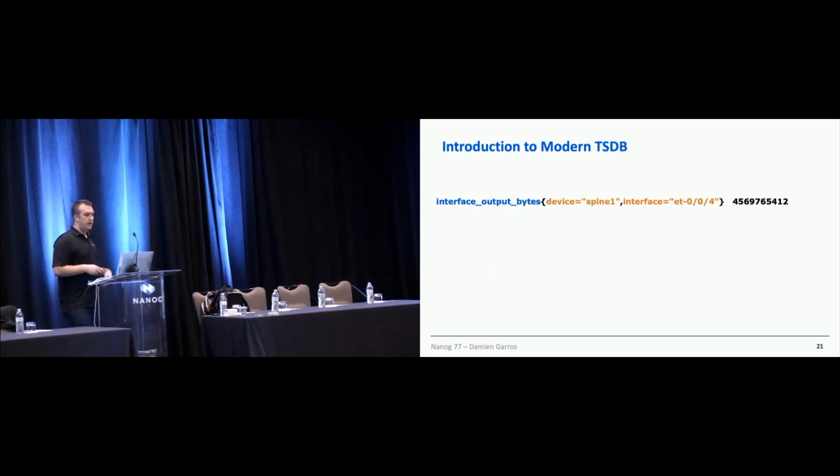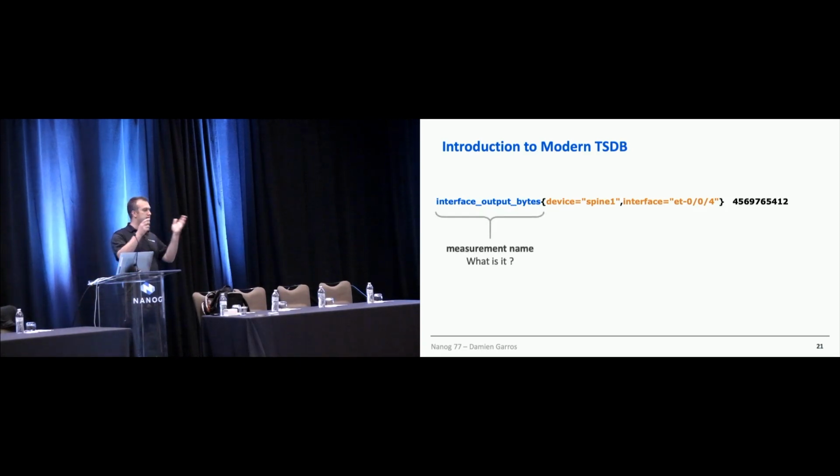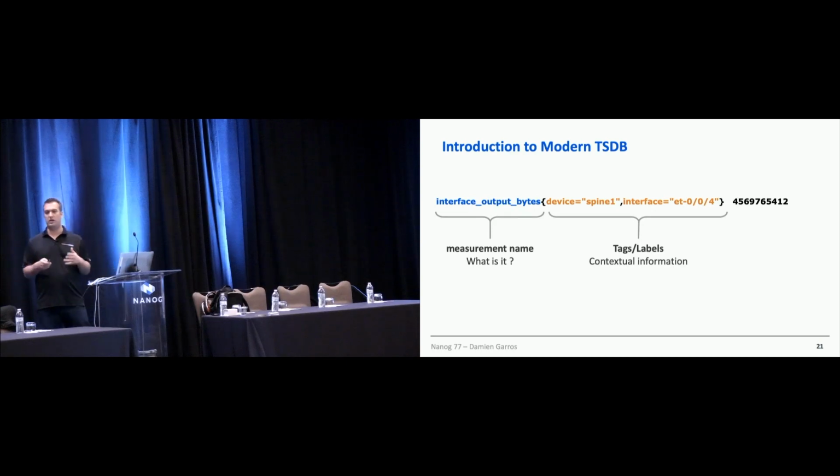The way the data will look in the database is pretty much like this. You have what some of them call the measurement name or series, which really defines the type of data. Here, that would be, let's say, interface output bytes. Then you have a set of tags or labels. They're all called differently, but what it means is the contextual information on in which context this information was captured.